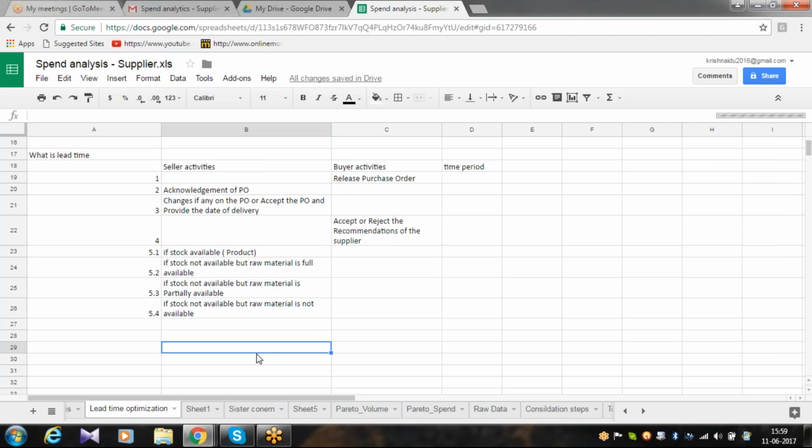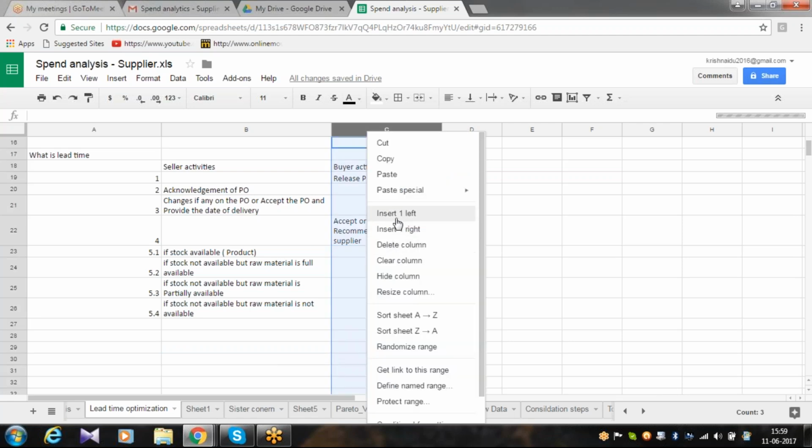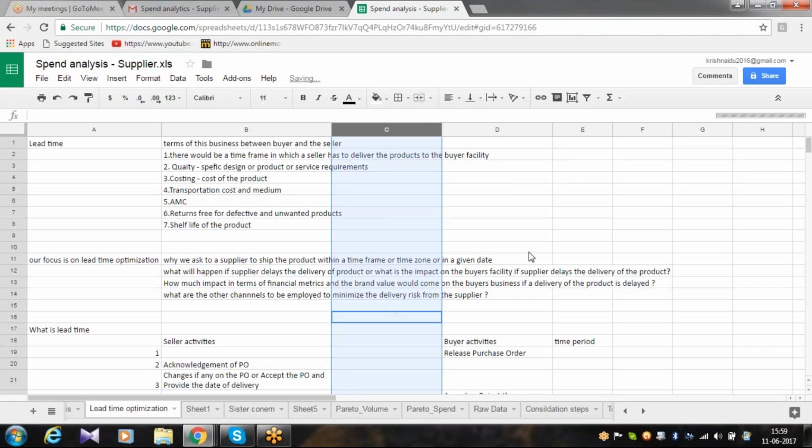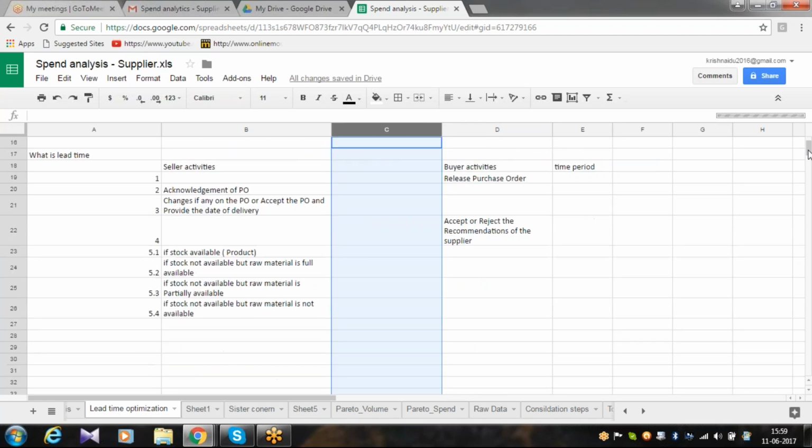Based on these four scenarios, the lead time of delivery will vary. So let's see, if stock is available, then what will happen? Product is ready to ship.